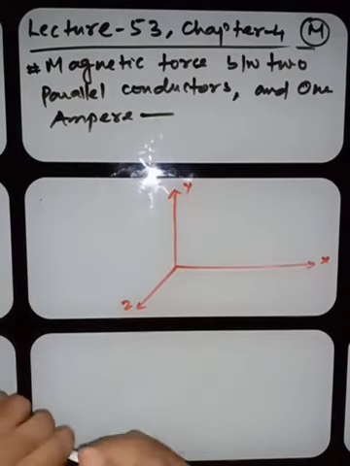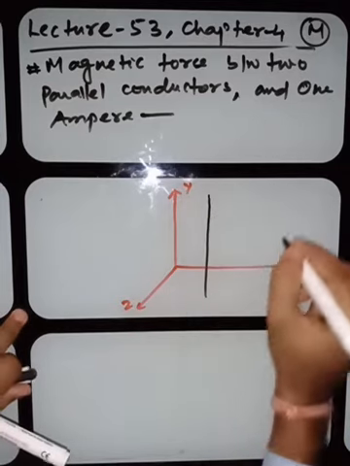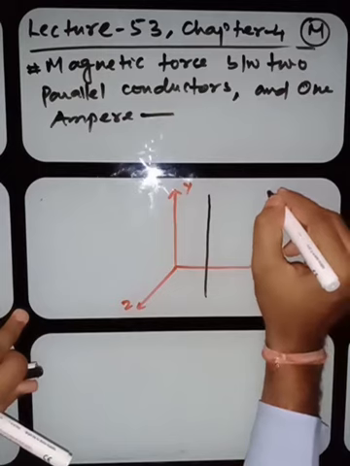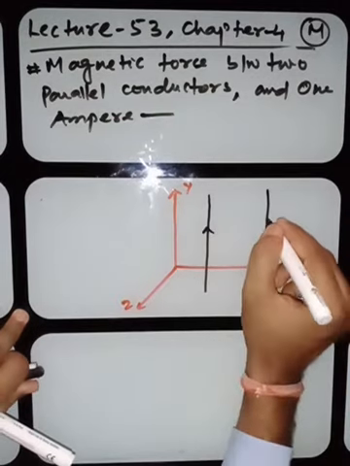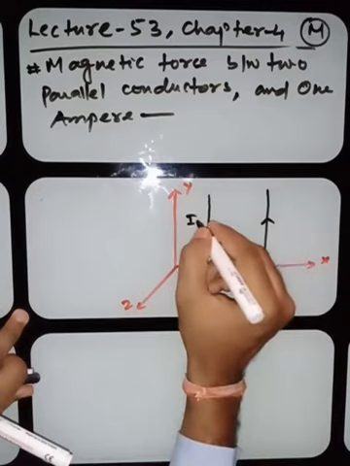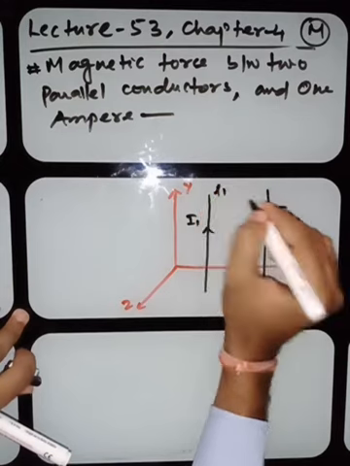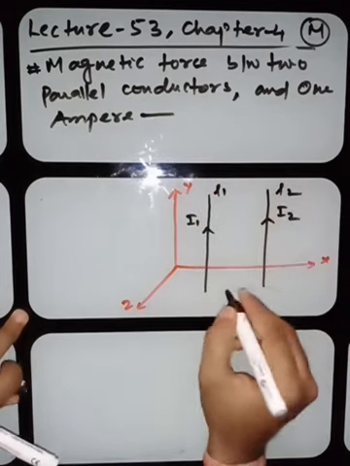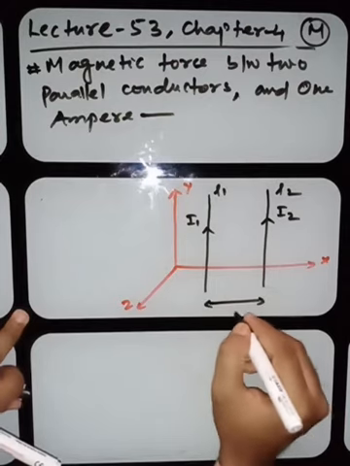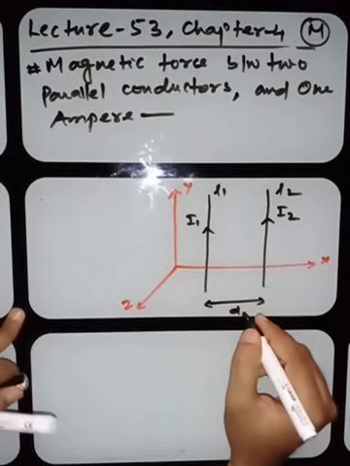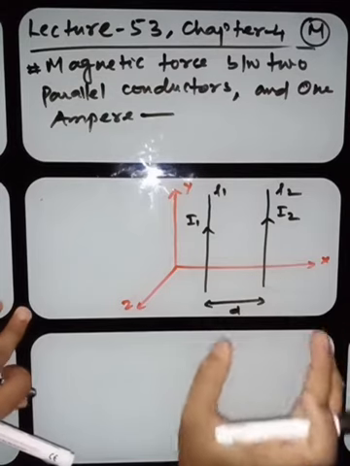I have placed two conductors here through which currents are flowing. Suppose they are I1, I2. The length of this conductor is L1, this is L2, and let the separation between these two conductors be D. Now we have to find the force between these two conductors.